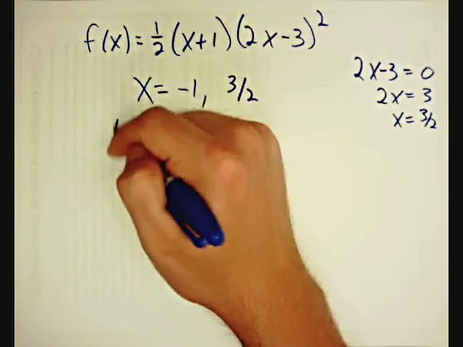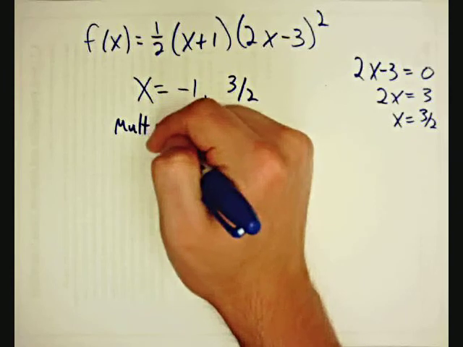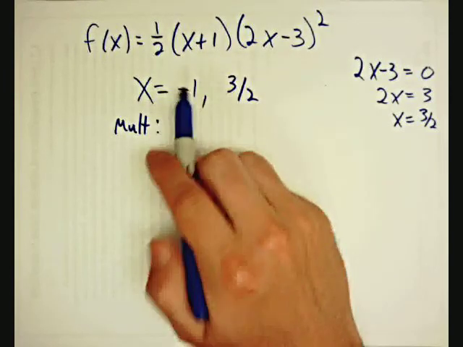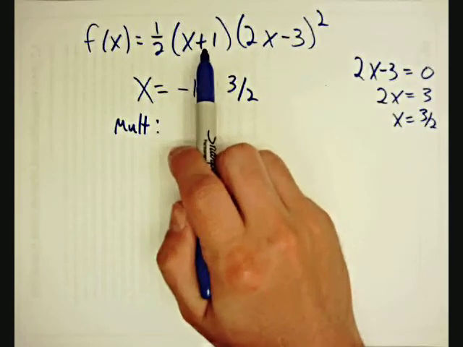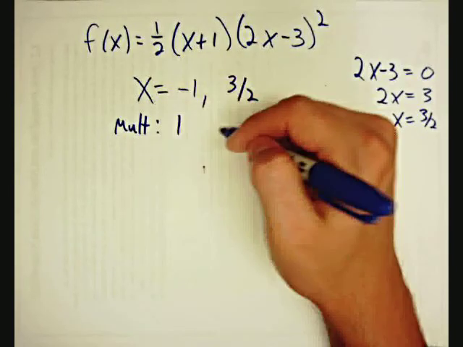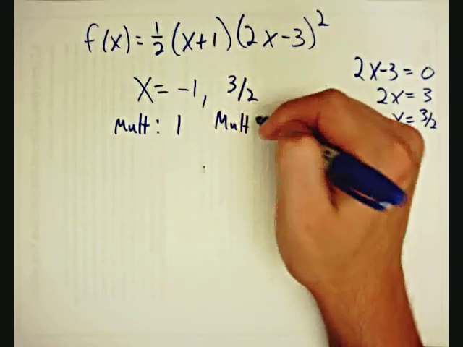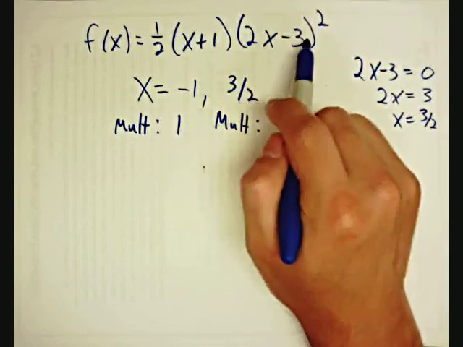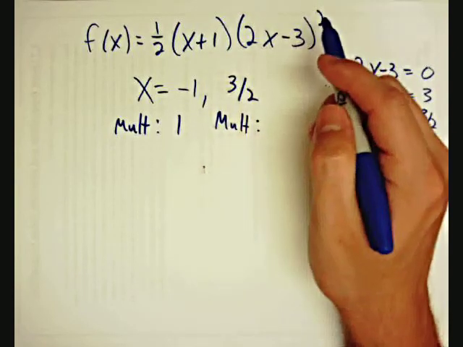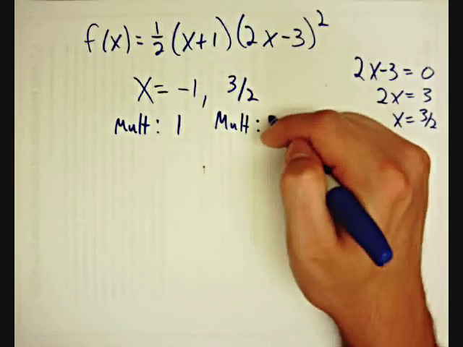For multiplicities, negative 1 came from x plus 1, so it has multiplicity 1. And the 3/2 came from 2x minus 3, which has the squared, so it has a multiplicity of 2.